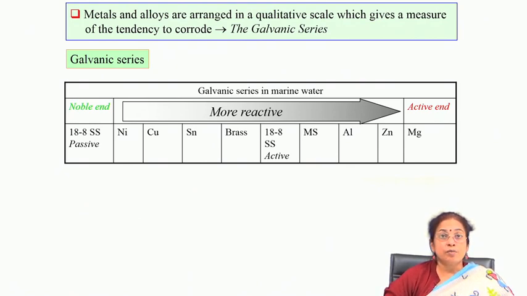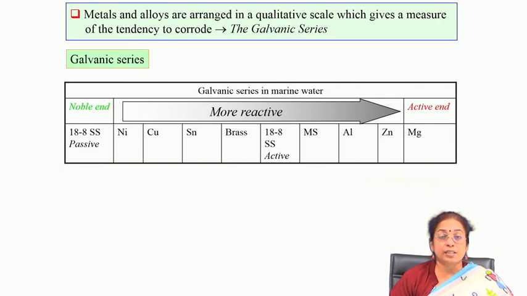Usually for metals and alloys, if you talk about general corrosion or atmospheric corrosion in a normal environment, the standard EMF series plays a very important role in choosing the materials. But for quantitative application of metals and alloys in an actual environment, the series applied is the galvanic series.